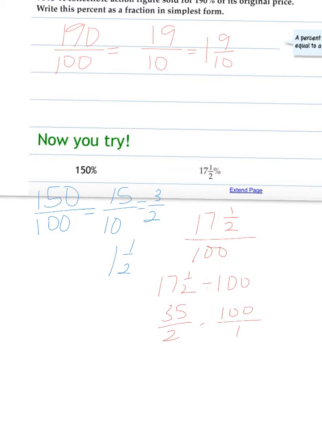Keep, change, flip. 35 over 2 times 1 over 100. That equals 35 over 200, which would then simplify down, if we divide them by 5, to 7 over 40.